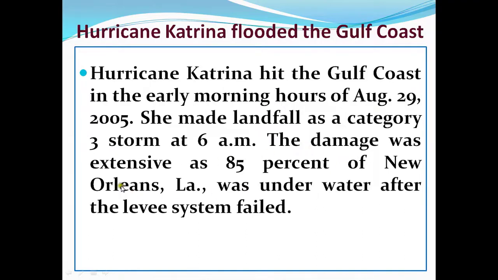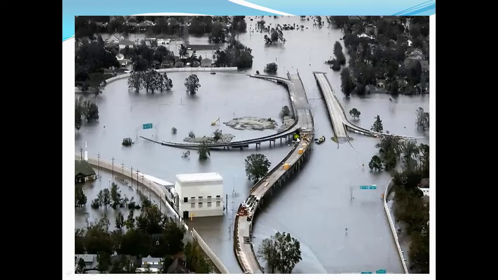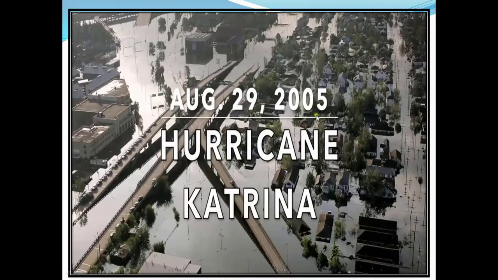The damage was extensive, and 85% of New Orleans was underwater after the levee system failed. This is what we discuss about Hurricane Katrina, the last part of today's lesson. Here we can see the pictures of Hurricane Katrina, which hit on August 29, 2005. These are the pictures you are looking at here.